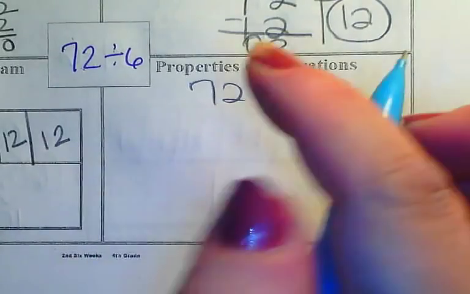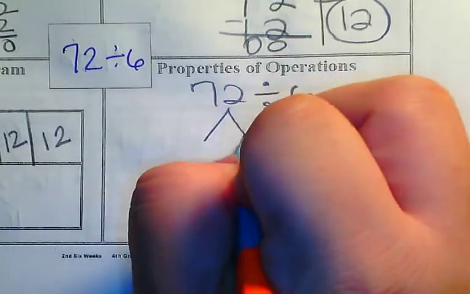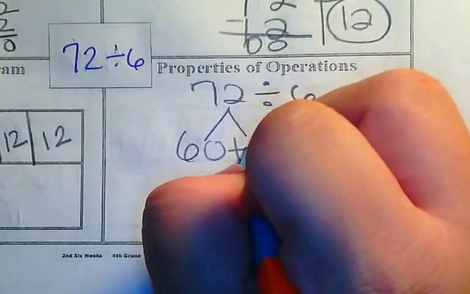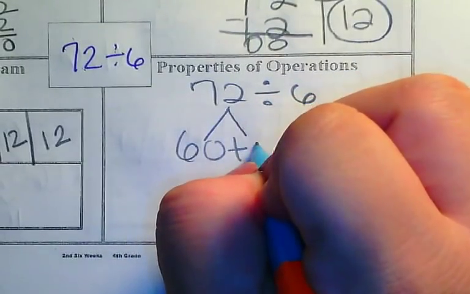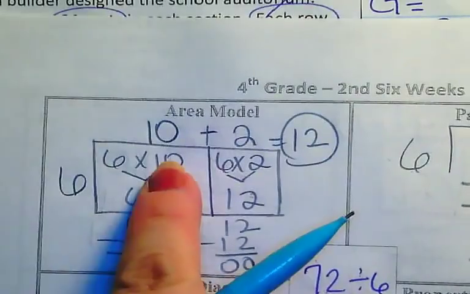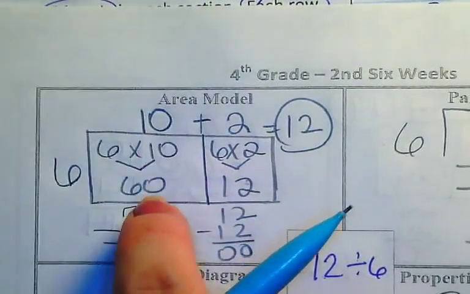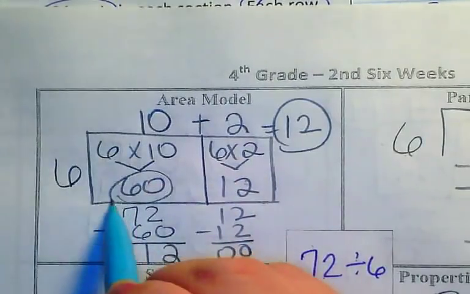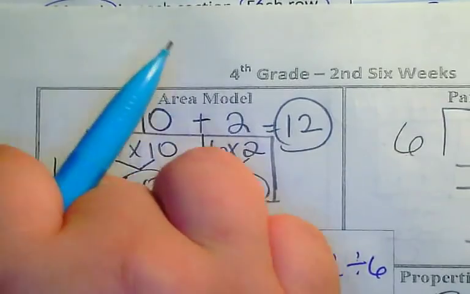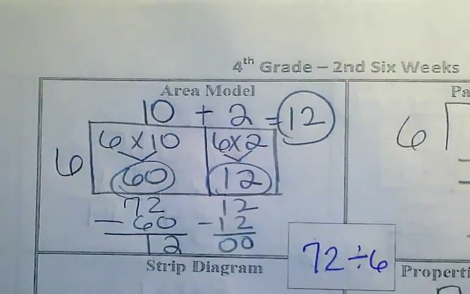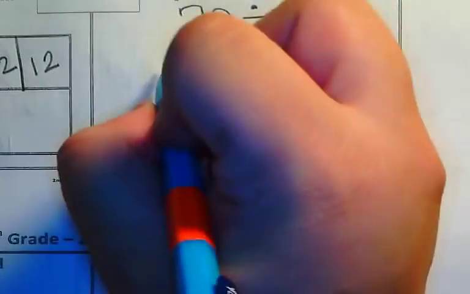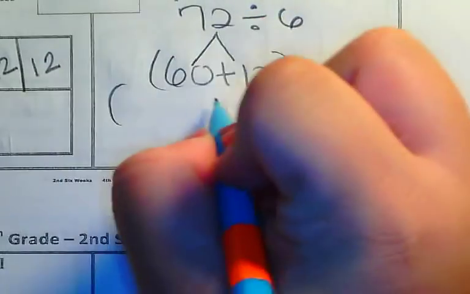We break up the 72 to a 60 plus, no, that gives you 70. 12. Now remember, guys, you get them from here. This is your 60 plus 12 gives you 72. Everything comes down to this problem right there. Okay? 60 plus 12. Okay, let's make two problems.